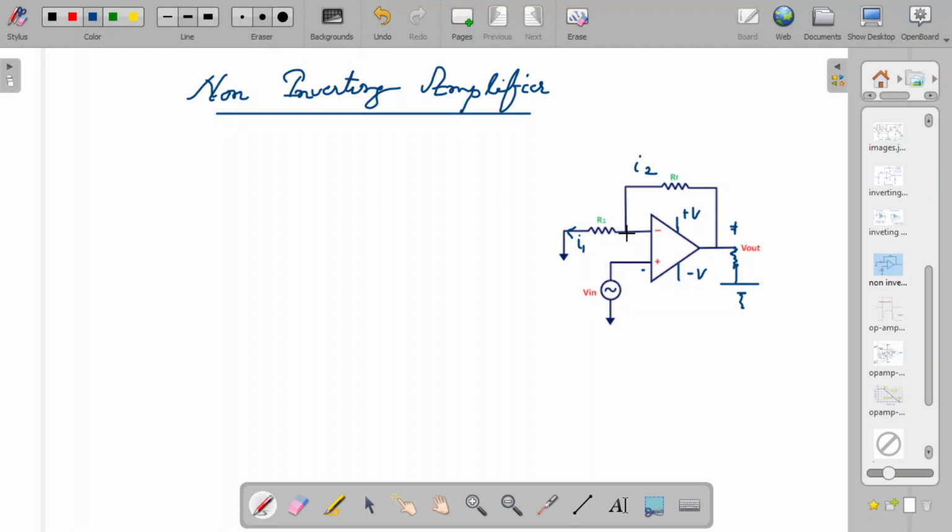This voltage will be comparatively lesser when compared to the amplified output voltage. So obviously the output will be at higher potential when compared to this, so I can say the current is flowing in this direction. So I drew the currents I1 and I2 here.